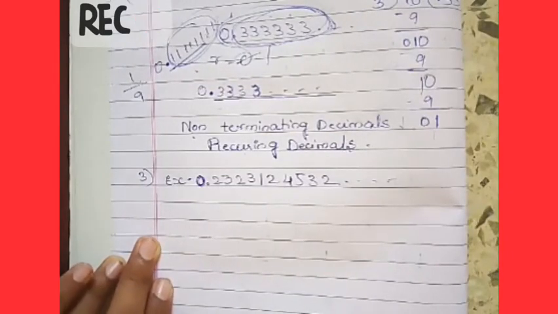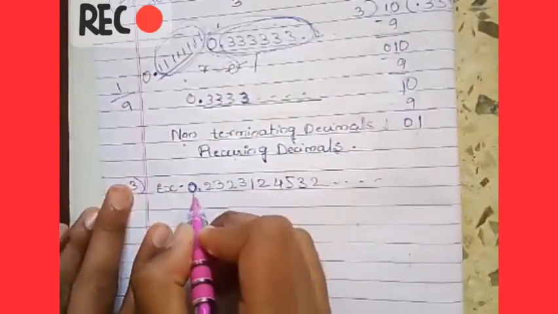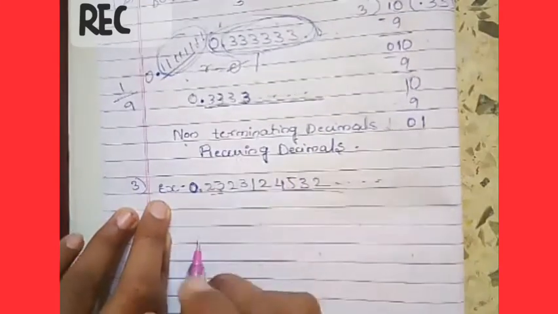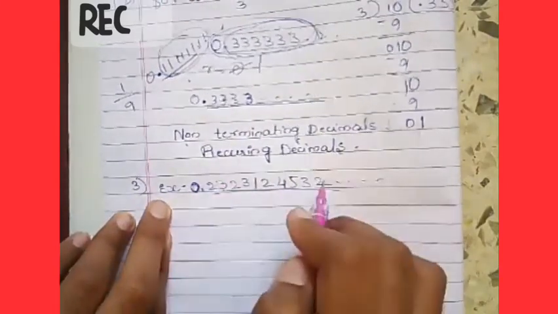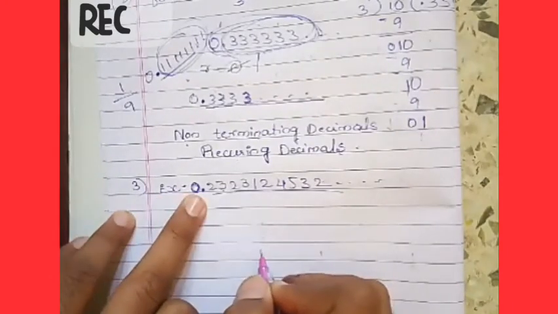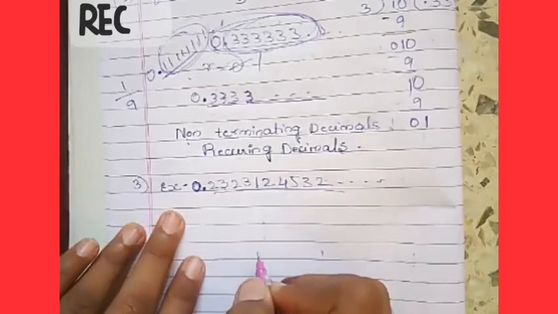Here, nothing is recurring, which means there is no repetition of the numbers after the decimal point. Once again I tell you.